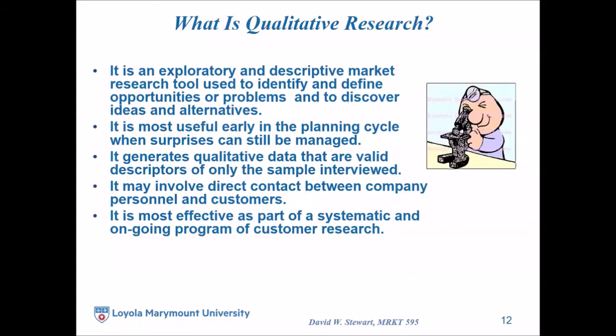As a result, it tends to be most useful really early in the planning cycle, when you don't know a lot. And so rather than run off and try to do a lot of quantitative research that's likely to be wrong, go find some customers and have a conversation.